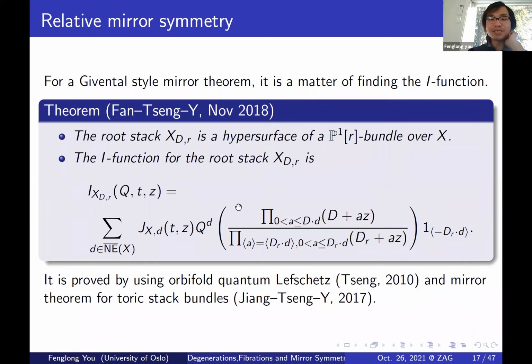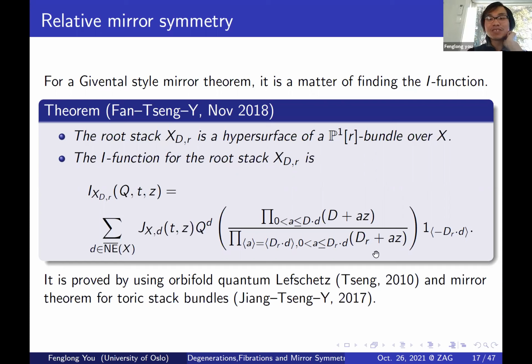It looks like this, and this J here is the J function for X. So if we know about the I function for X, then we can replace J by I of X, then we get some explicit expression, which is a certain period for the orbifold, and we take a limit and we get the relative period.